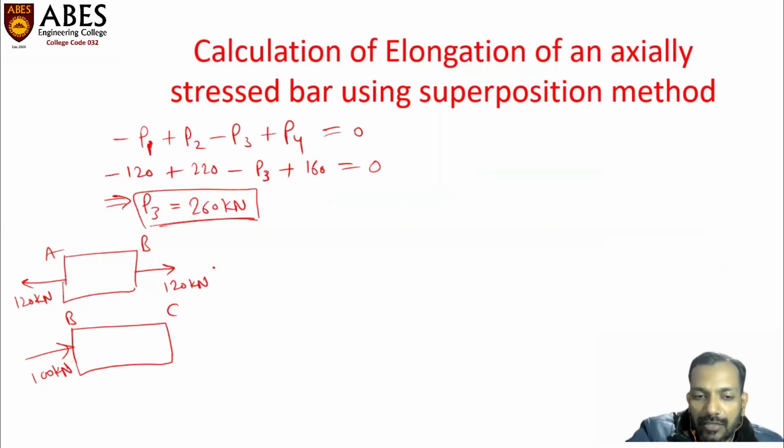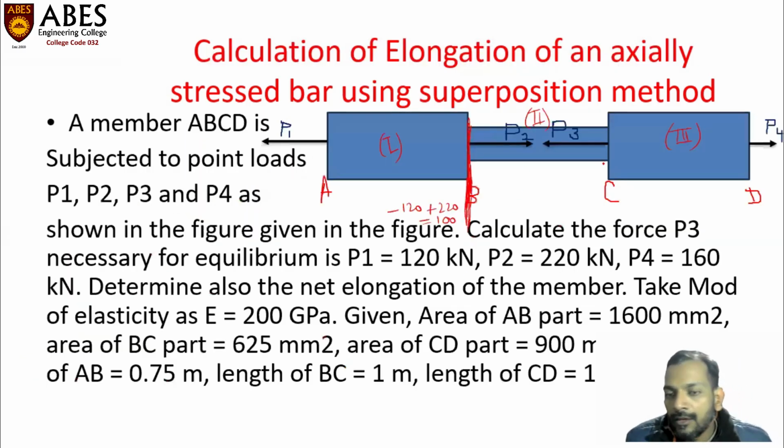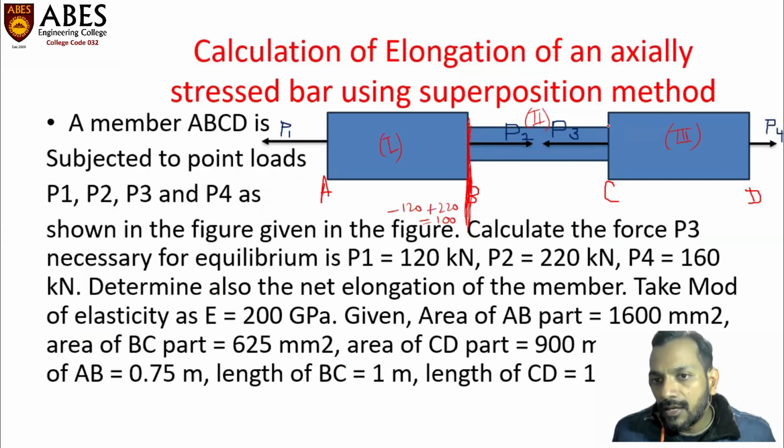Now let's check the force which is acting on this junction C. For calculating the amount of force which is acting on this side of the central portion BC, please be very careful about this.